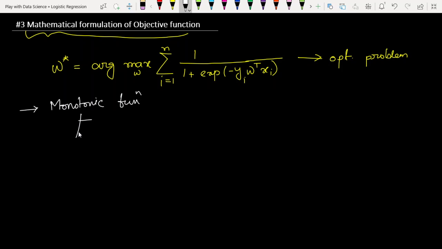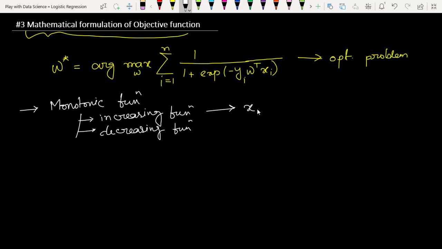And similarly, there is another type, that is, monotonically decreasing functions. There is one type of monotonically increasing function, and also a decreasing function. So first, what are monotonically increasing functions?